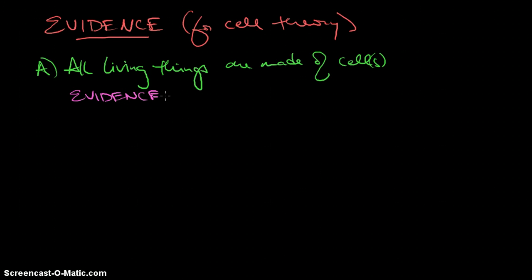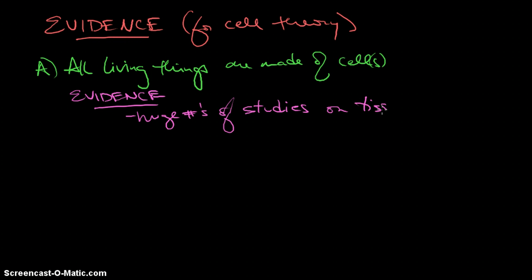Now, you also need to be familiar with the scientists who did their work here, but the evidence here is that since Hooke, there have been huge numbers of studies done on tissue samples, all of which have been found to be made of cells.